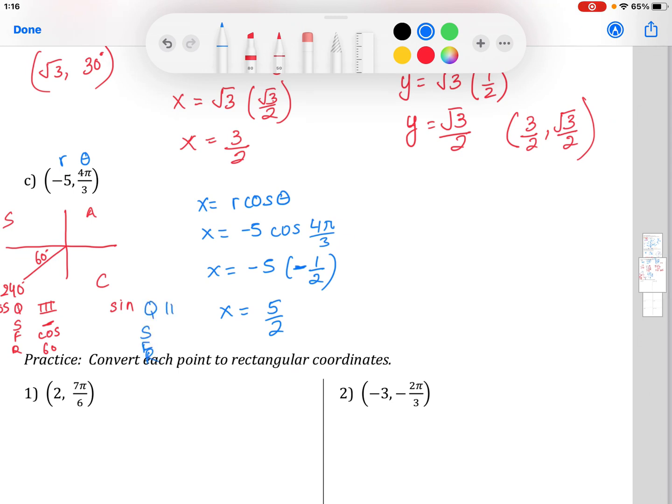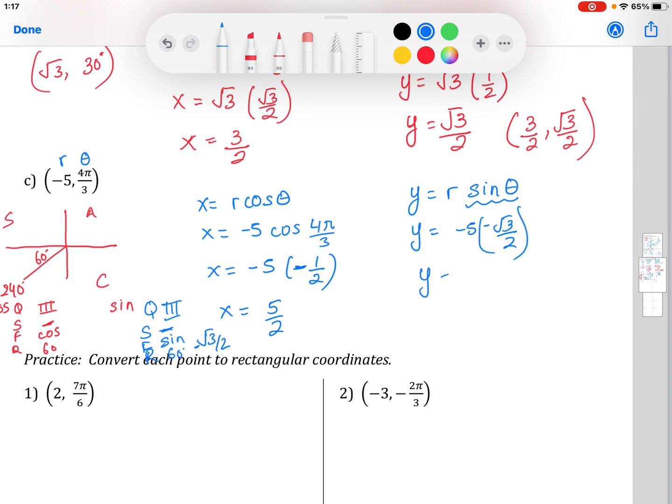Similarly, we're going to do the QSFR for our sine function. I'm in the third quadrant, sine's going to be negative, function is sine, reference angle is 60, so sine of 60 is rad 3 over 2. That'll help me find my y, because y is r sine theta. I just found my sine theta, which is negative rad 3 over 2.